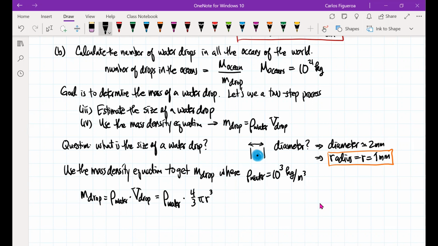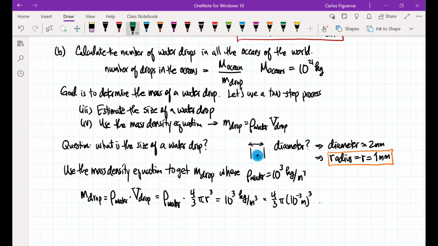So now I'm going to put those values in. This number becomes 1,000 kilograms per meter cubed. Now I need to put the radius into units of meters. So I multiply this quantity times 4/3 pi, and then 1 millimeter is the same as 10 to the minus 3 meters, cubed.